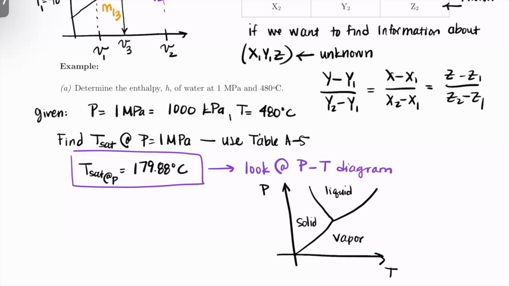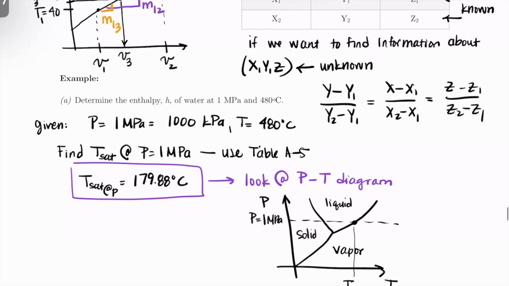It turns out that for P equals 1 MPa, this Tsat at P is 179.88. The temperature that we're given is 480, which means that we are way over here. So this means that we have a superheated vapor. Does that make sense?